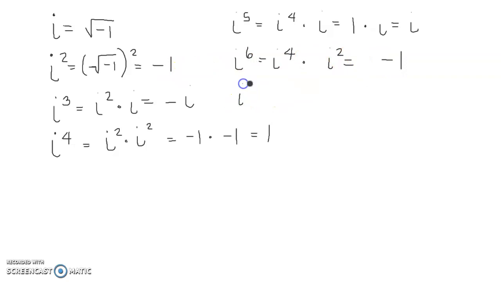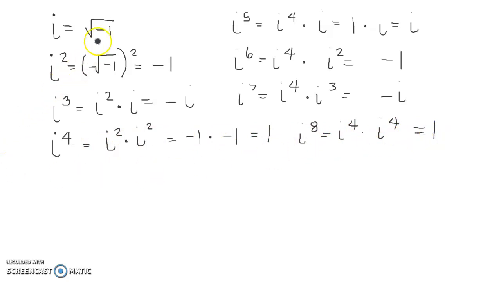So i to the seventh is equivalent to i to the fourth times i cubed, which is equivalent to -i. i to the eighth is equivalent to i to the fourth times i to the fourth, which is 1 times 1, and that's equivalent to 1.